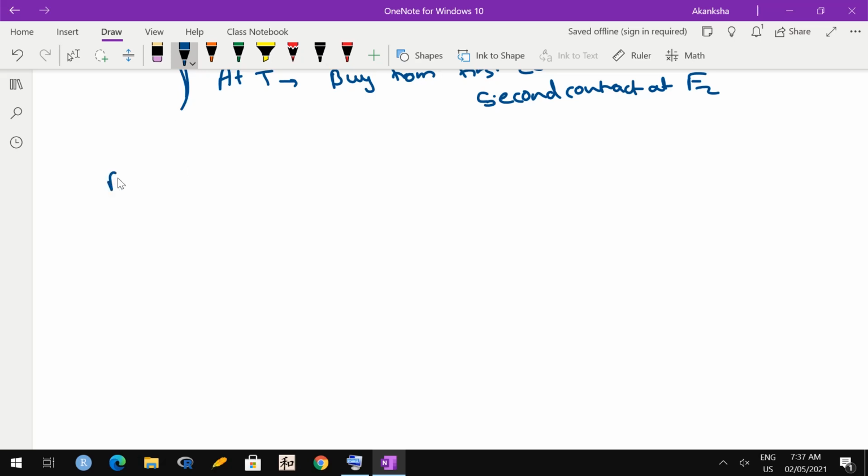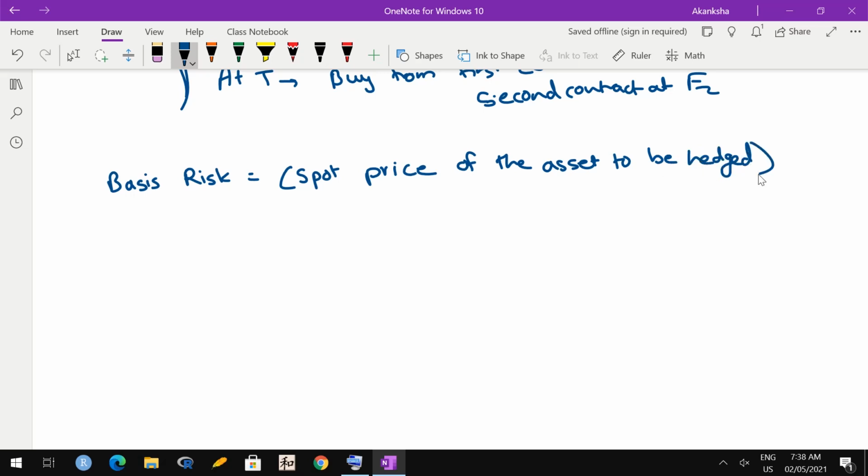Now as I said, we need to introduce some notations. So there is something called basis risk. So what is a basis risk? Basis risk is spot price of the asset to be hedged minus futures price of the contract used for hedging.